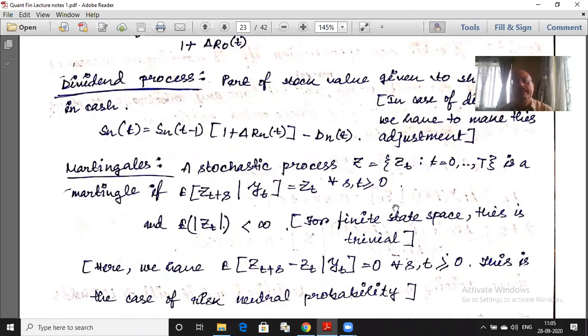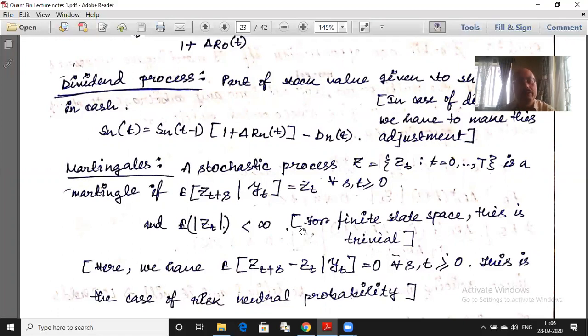A stochastic process Z indexed by time from 0 to capital T is a martingale if the conditional expectation of Z(t+s), so expected value at time t+s, conditioning on information available up to time t, which is Ft, will be equal to Zt. So standing at any point of time, if you ask me about expectation in the future, based on the current information I have, I will always make the prediction equal to the current stock price.